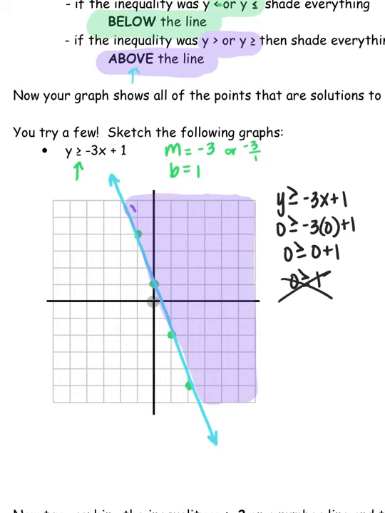That is not true. 0 is not greater than or equal to 1. So it is not in our shaded region. That tells me right there that I have shaded the correct side of the line, above or below, and I shaded above.